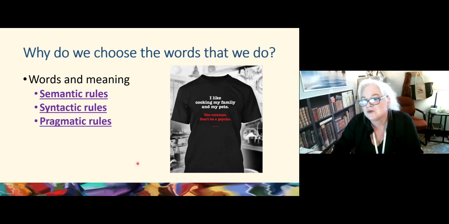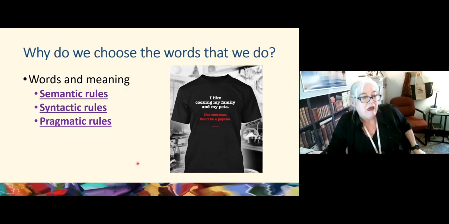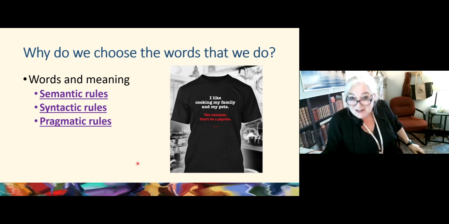The semantic rules would be like, okay, there's a difference between a diagram and a diaphragm. I had a student giving a speech, and she kept talking about, if you look at this diaphragm up here, and the entire class was giggling, but she meant to say diagram.